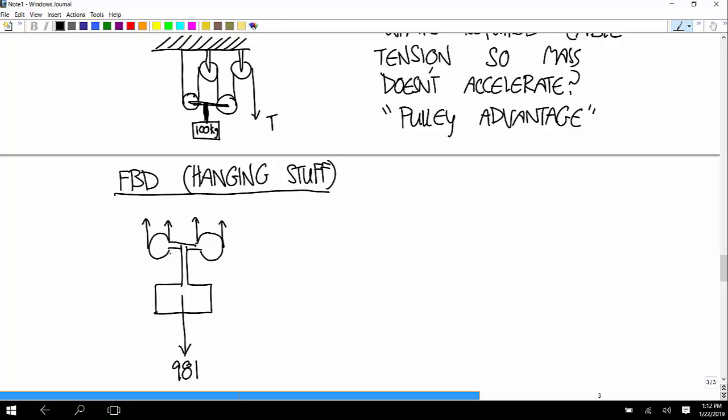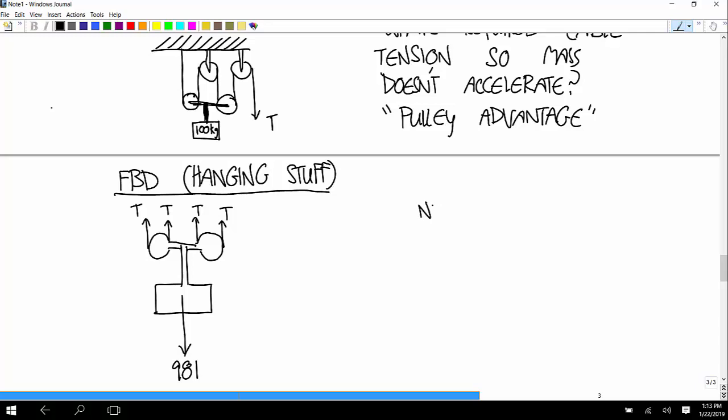And this is all the same cable. All it's doing is stringing through these pulleys. And that means that the cable tension has to be the same all the way along its length. So all of these have a value T. Any questions so far?